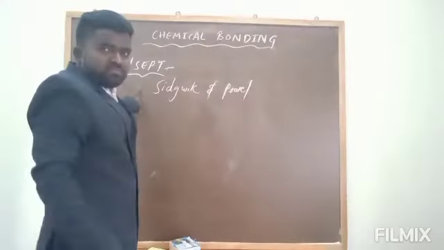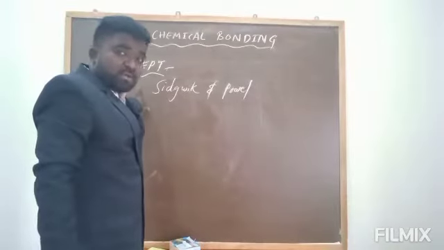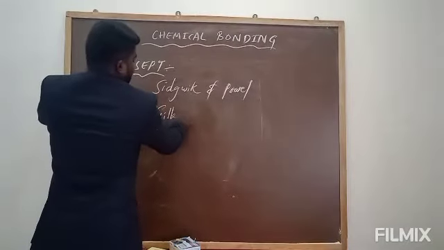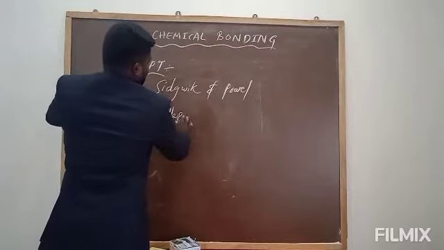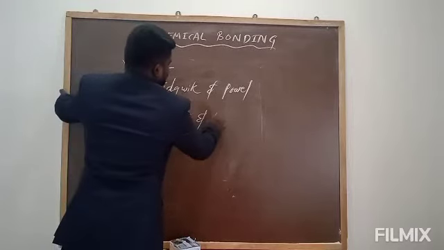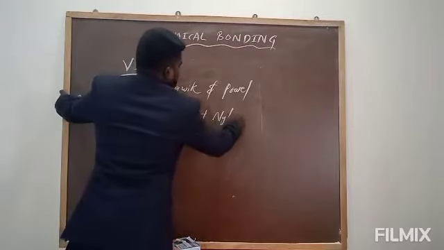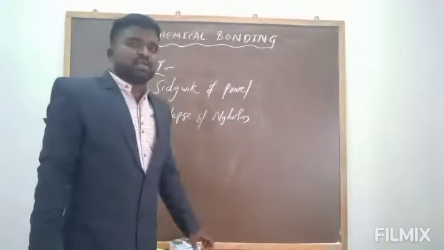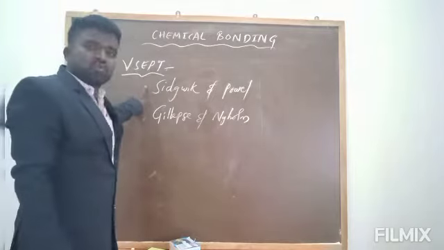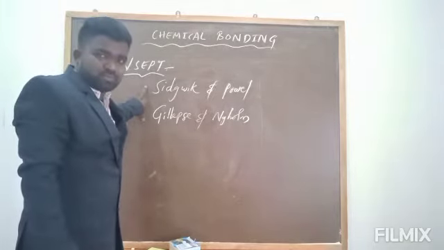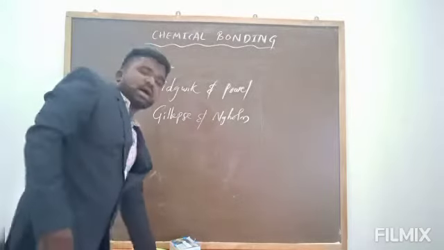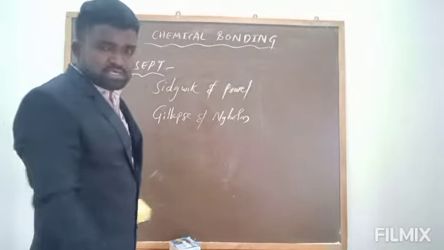They proposed it, but who developed it? Gillespie and Nyholm. Don't get confused about the scientists' names: who proposed, who implemented, who improved. Next we will discuss the examples. All of you listen carefully here, dear students.